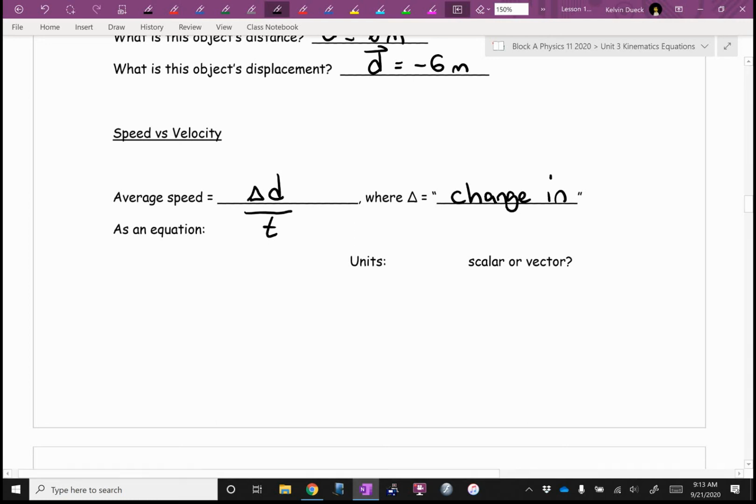Does anybody know what's change in anything always? Whenever you see that delta, that triangle, and you think to yourself, change in, what mathematical operation am I going to do?